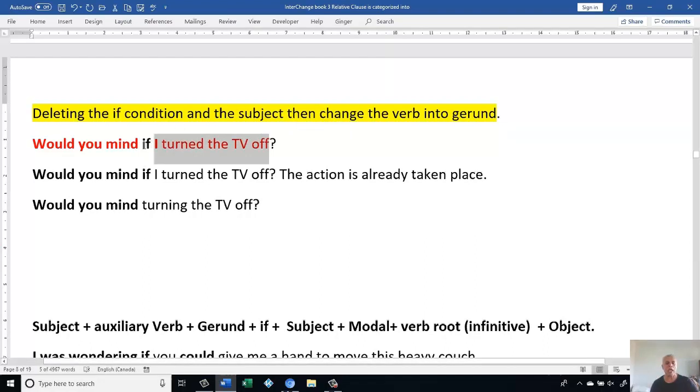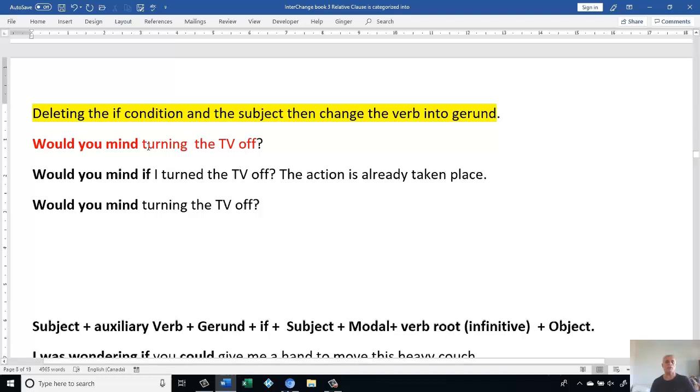Sometimes we could delete if. Then if we keep it like this, because we have two clauses in one sentence, it's a run-on sentence, so we have to delete the subject. If we delete the subject, we're going to have two verbs. For example, would you mind? Then we have another verb, turn. Then we have to change this verb to turning the TV off.